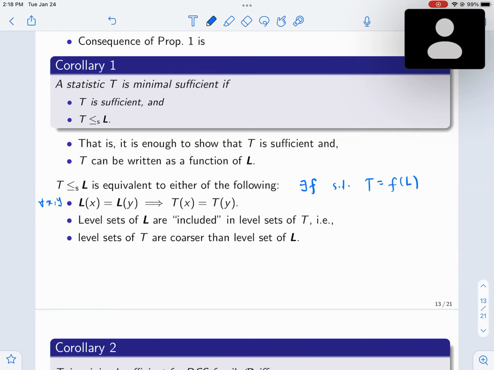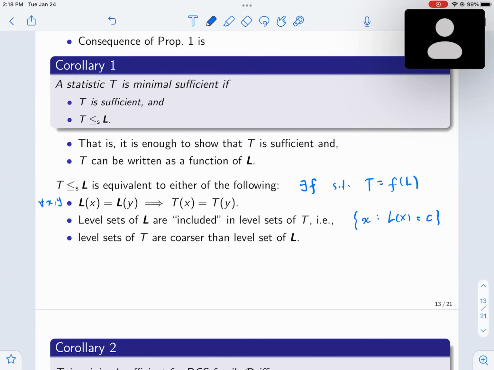So basically the set of all X such that L of X is, let's say, C for a particular constant, that would be the level set of L at level C. So this set is included in one of the level sets of T. So it's roughly the same thing as this.